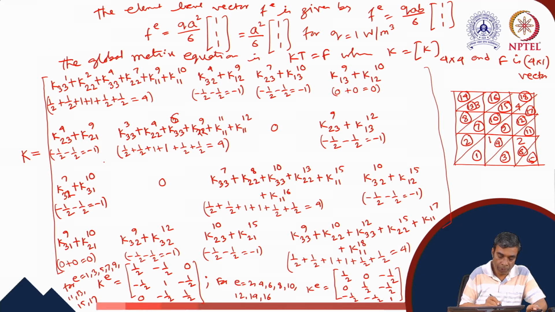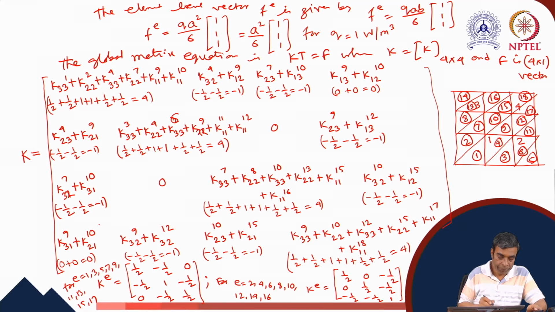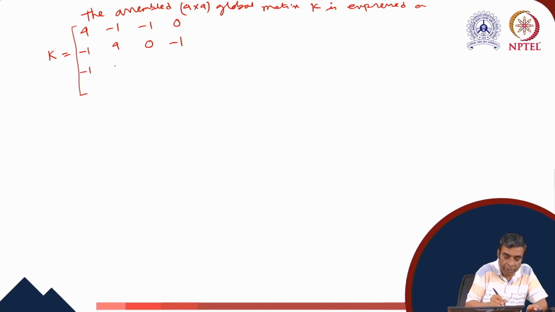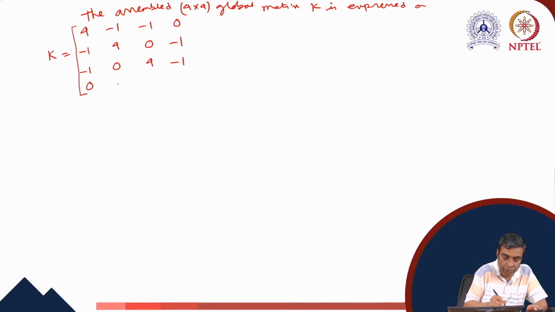For the second row we have minus 1, 4, 0, minus 1. For the third row we have minus 1, 0, 4, minus 1, and for the last row we have 0, minus 1, minus 1, 4.